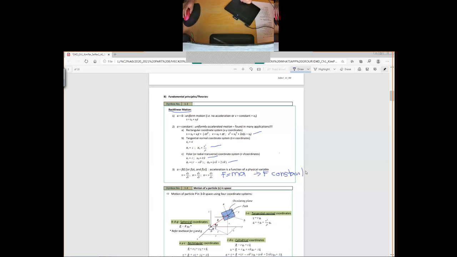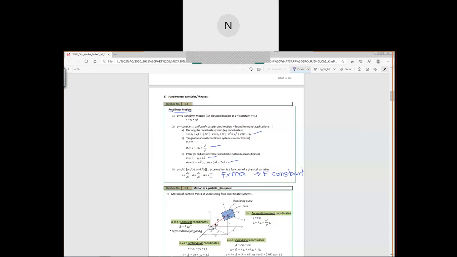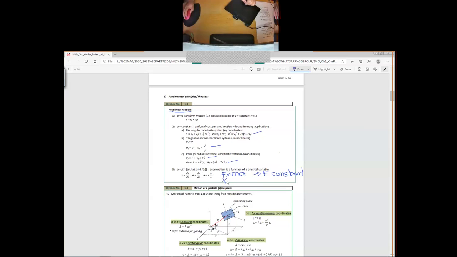Nazrul, F is constant in this case, right? Okay, if a changes, now you have a changing.